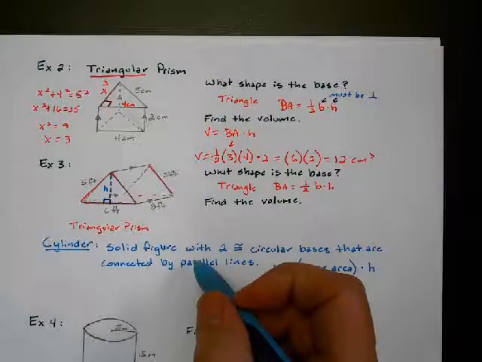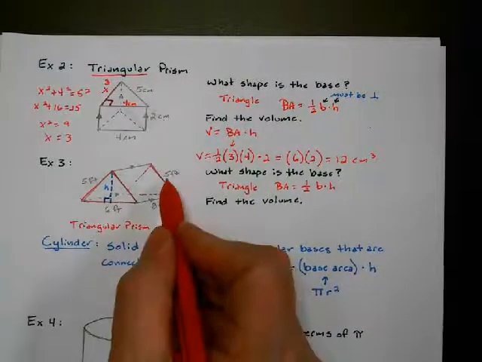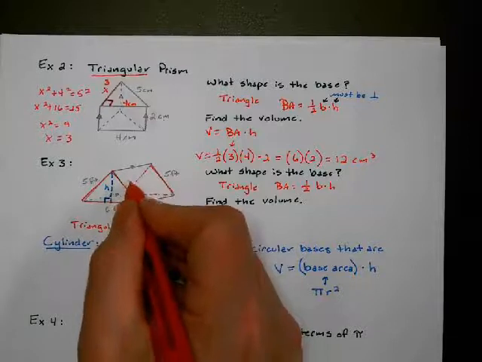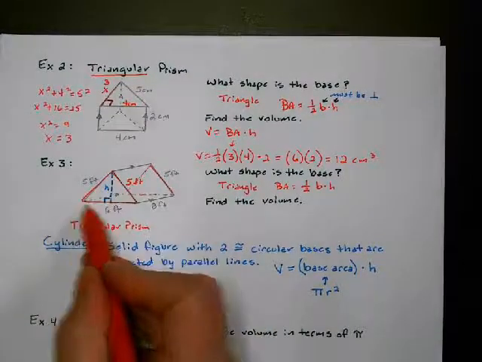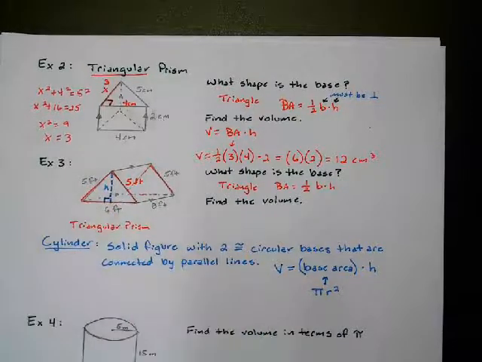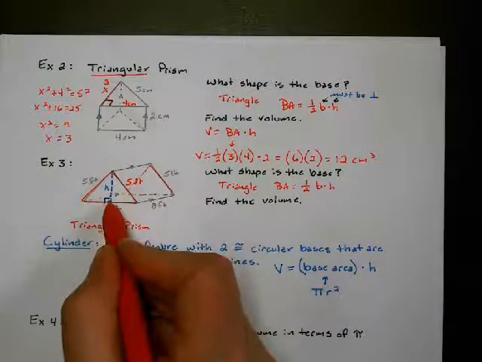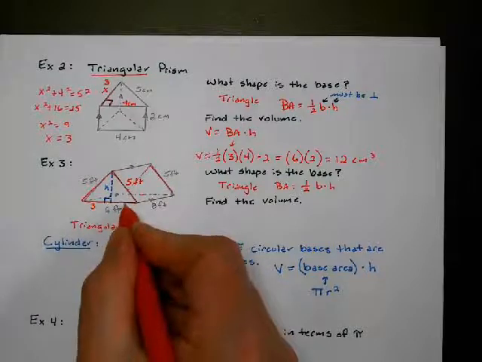Now it just so happens that this number over here is also 5. So this is an isosceles triangle because I got 5, 5, and 6. Now the nice thing about an isosceles triangle is the height always splits it directly in half. So this side would be 3 and this side would be 3.